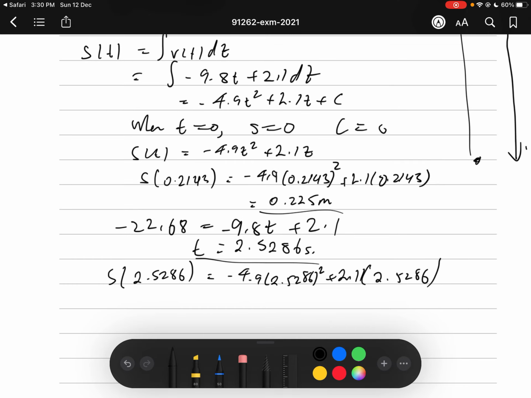Alright, so I am getting an answer. The displacement is negative 26.02 meters.